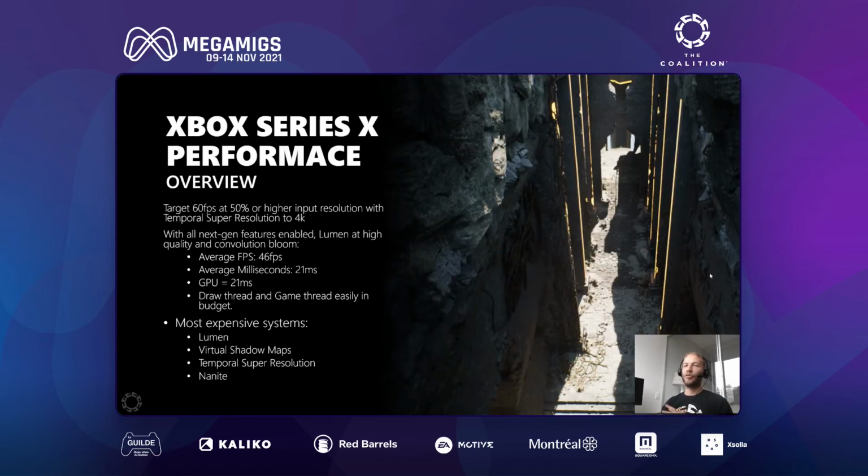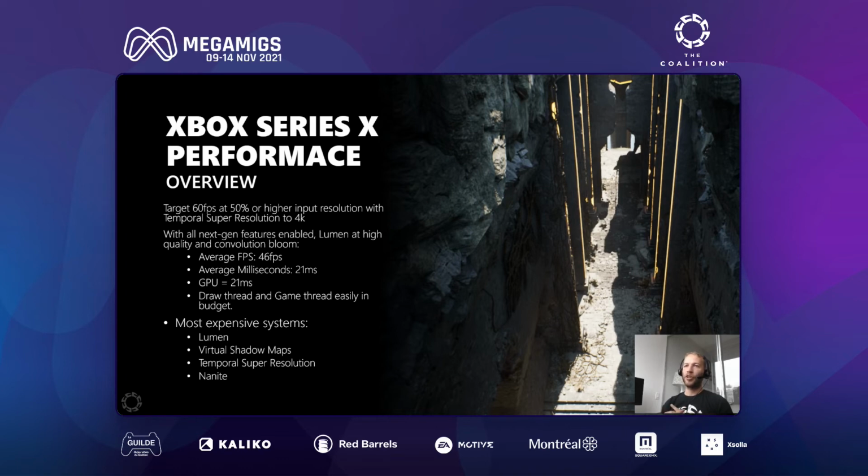Okay, so Series X performance. Looking at Xbox Series X and Alpha Point with a target of 60 FPS at 1080p or 50% input resolution, using TSR, of course, up to 4K. With all the features enabled, Alpha Point is about 46 FPS, 21 milliseconds, and GPU bound. CPU is fine, no problems there.